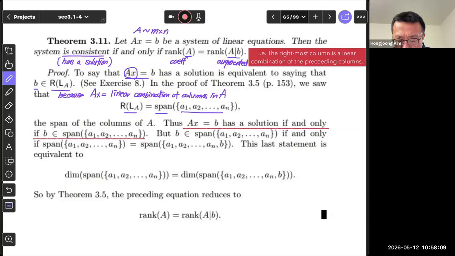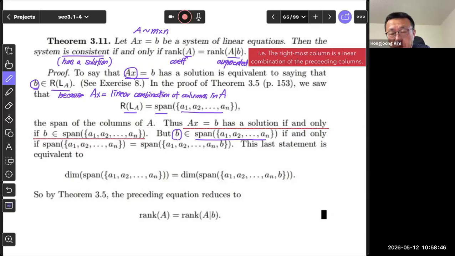So if you can construct B using the columns in A matrix, then AX equals B will have a solution. And please remember that the solution X will be the weights used in the linear combination to construct the B vector. Anyway, B is included in the span of these columns in A.